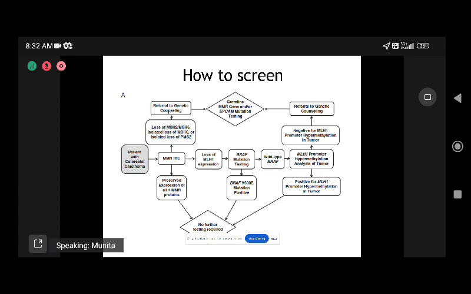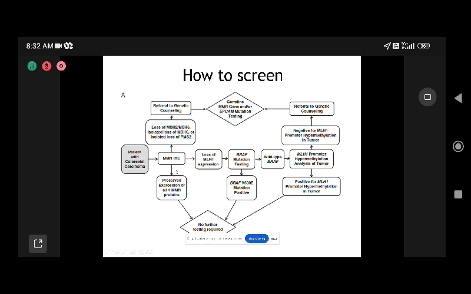There you don't have a germline mutation, but there is epigenetic silencing because of promoter hypermethylation of the MLH1 gene. So most of the time the gene implicated in sporadic MSI high is MLH1. And if the gene involved is MSH2, MSH6 or PMS2, then it is likely to be genetic.